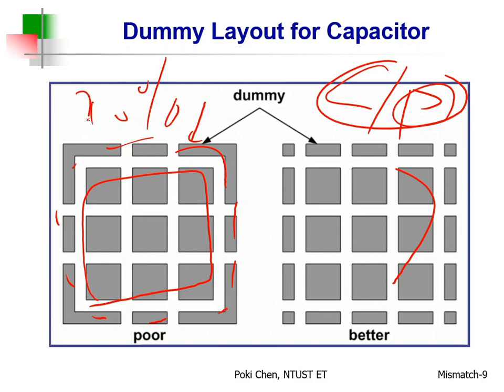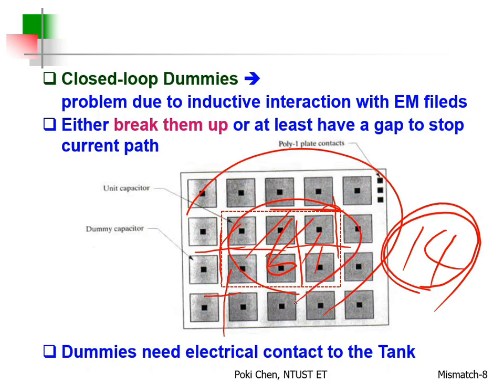Okay? How much tens? I have no idea. Okay? Yeah. You only use tens of percent to protect it. And here, more than 200% for dummy. It doesn't make any sense. If you are asking me, how about the real performance after fabrication?